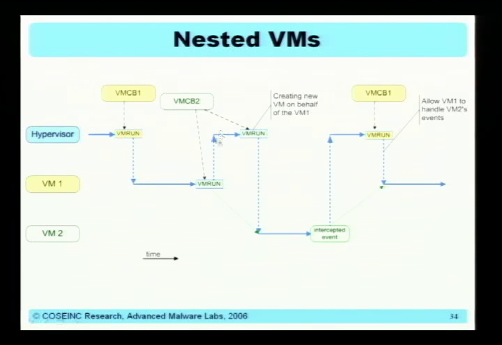So we are going back to our hypervisor. And now we realize that this was vmrun called from our guest. So we call vmrun on behalf of this guest by using VMCB2 prepared by this guest. We can actually access this, and we create a virtual machine for this guest, which runs. So it's running until some event occurs, the event which this guest said that it would like to intercept. So let's say, I don't know, some interrupt, whatever.